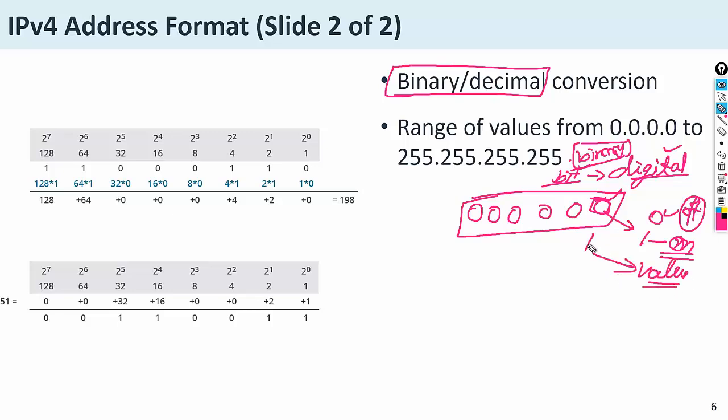So if it is 1, what value will be considered? Start from here.